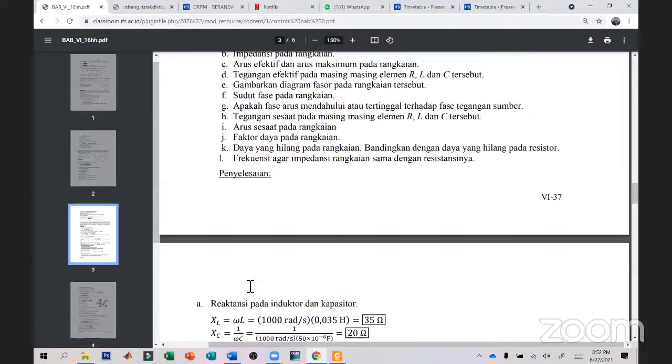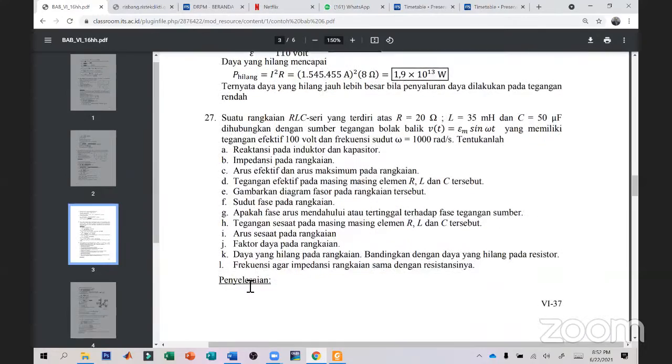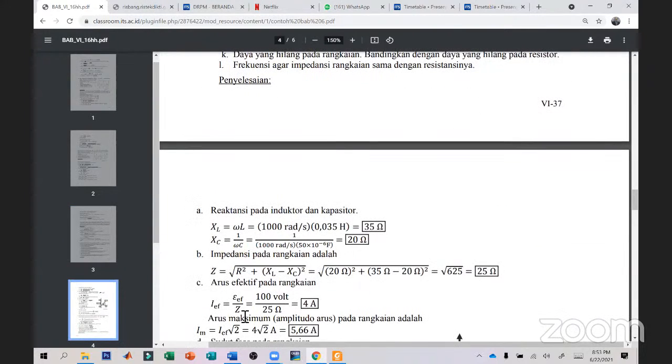So if we have the RLC, to convert the effective to maximum current, there is a relation. The relation can be obtained from Z, the impedance.